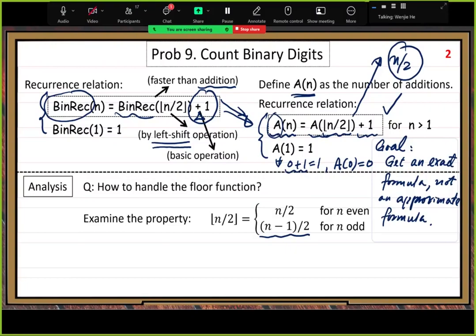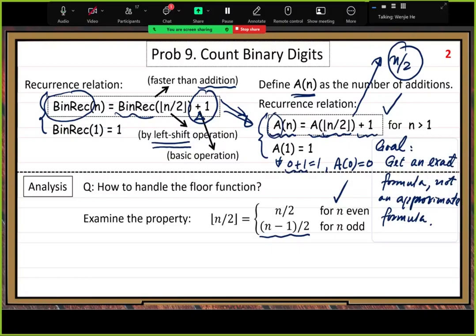Remember, I mentioned a simple strategy before in problem solving. When we have several cases, we always work on the simplest case first. Here the simplest case is the even case. When n is even, it's simpler, so we should work on the simpler case first.